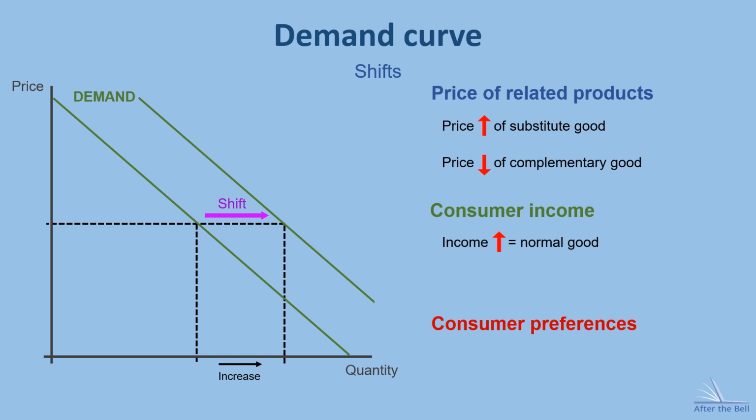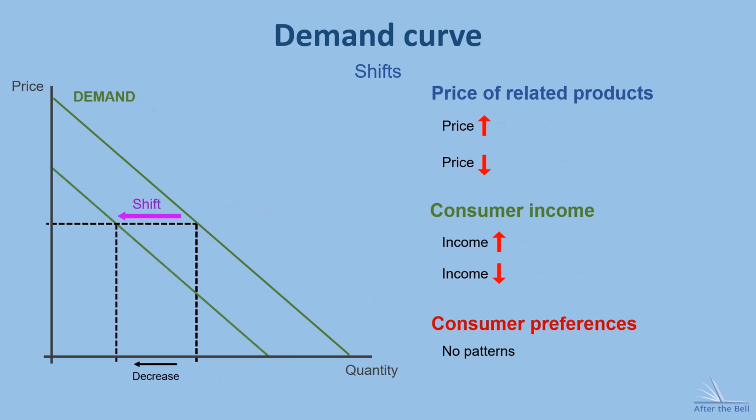But if incomes had decreased and the curve shifted to the right, then the curve must be for an inferior good. And finally, changes to consumer preferences could also cause the demand curve to shift to the right, but with a bit less of a clear pattern. It might be that they find some extra health benefits for a product, which makes it more popular, and so demand increases at all prices.